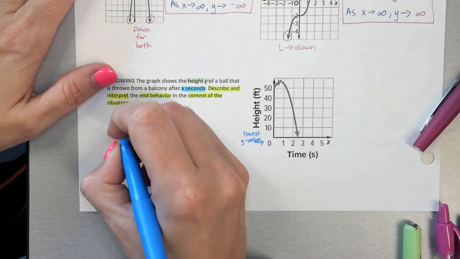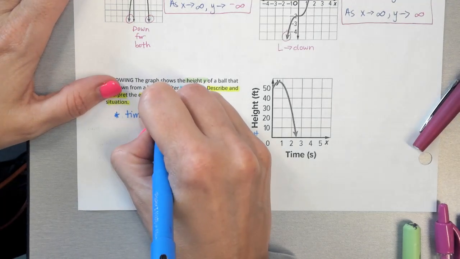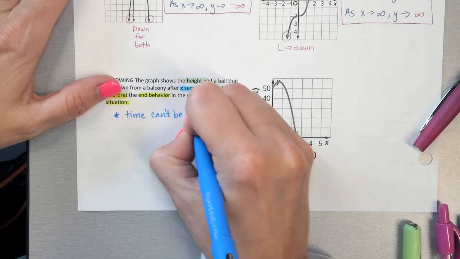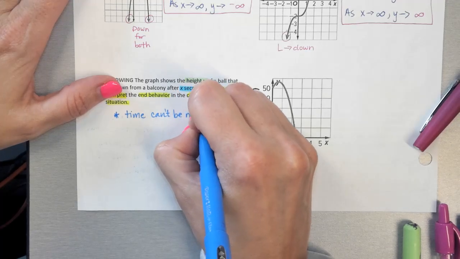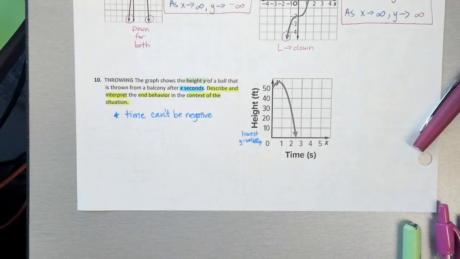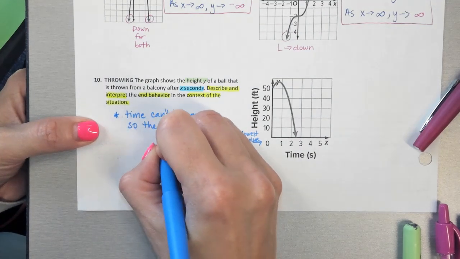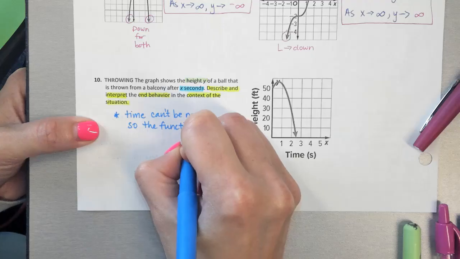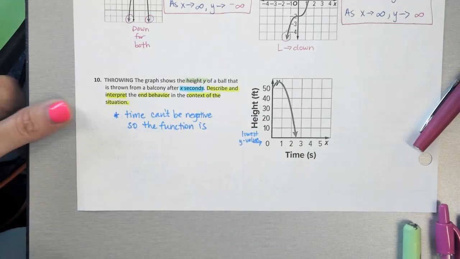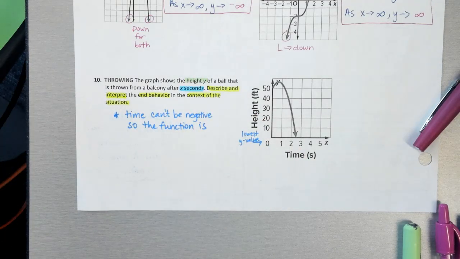So time can't be negative for this function, because this is going to affect the way that we're going to write the end behavior. This is a little bit different than what we were doing above.